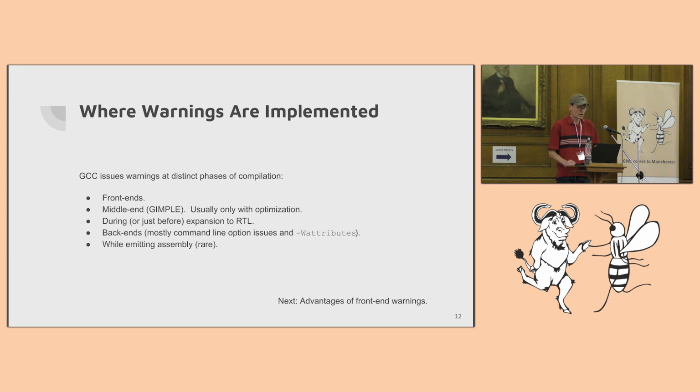Warnings are emitted before or just before the expansion to the RTL, and warnings are also issued by individual backends, typically in response to invalid command line options like W attributes, and also when laying down assembly, which is sort of rare.